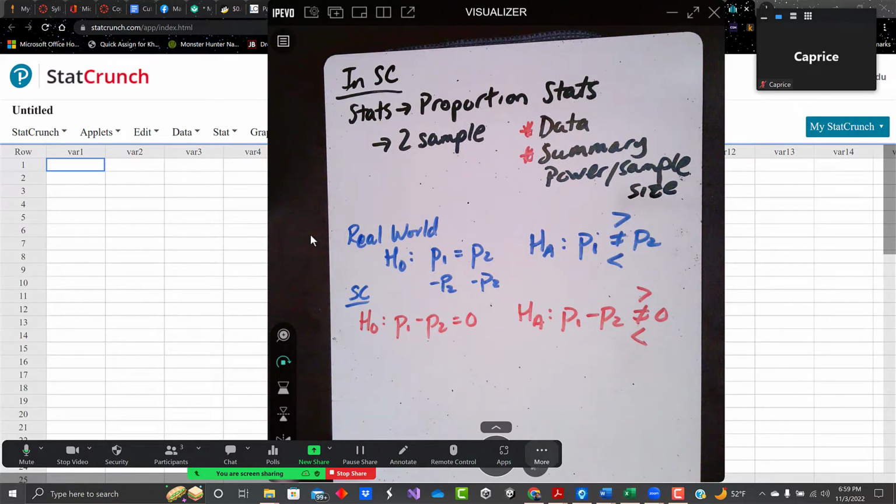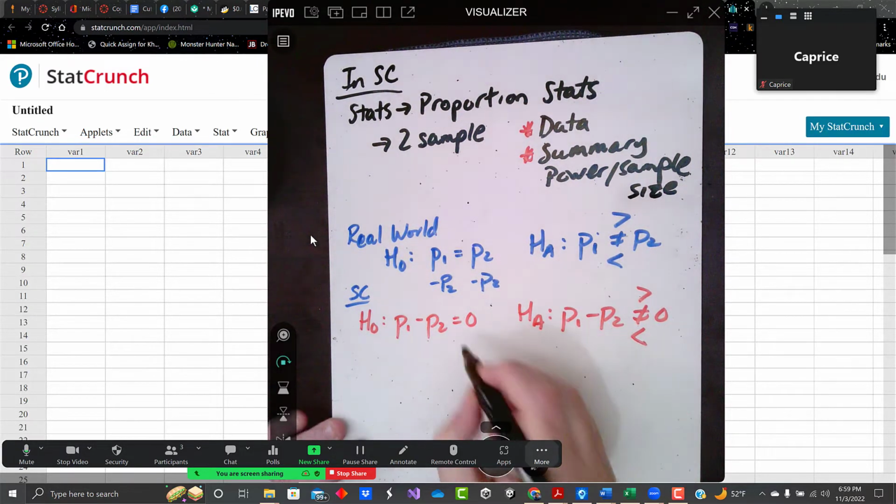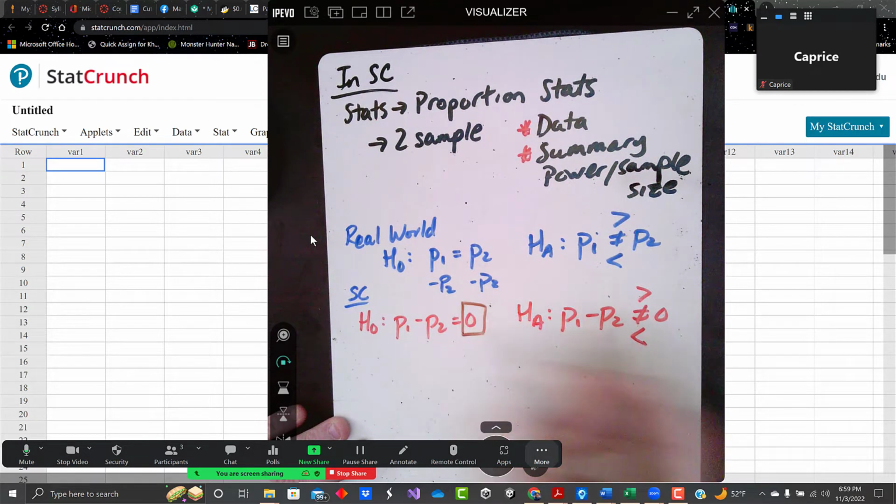And there is a perk to this. There's a benefit in doing what StatCrunch has, because in the top one, they're forced to be the same. But in StatCrunch, this is an editable field.